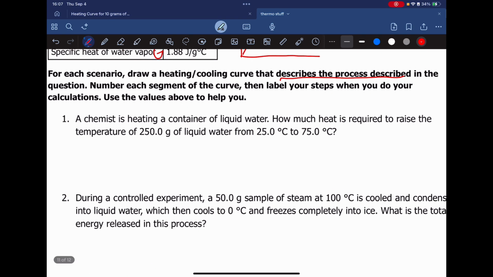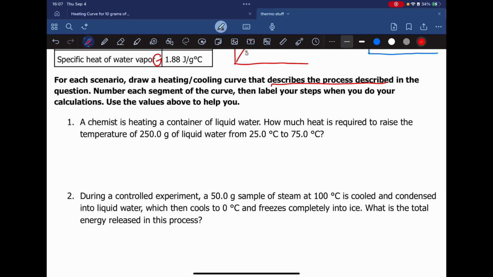A chemist is heating a container of liquid water. How much heat is required to raise the temperature of 250 grams of liquid water from 25 Celsius to 75 Celsius? I know that this is a heating curve rather than a cooling curve because I'm increasing my temperature from 25 to 75. I have no phase changes described here, so no plateaus. This is actually really simple. It's just going to be a one-step, so I don't need to label it with a 1, but you can if you want.